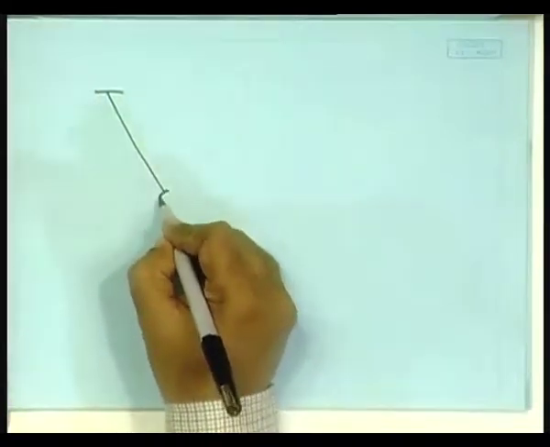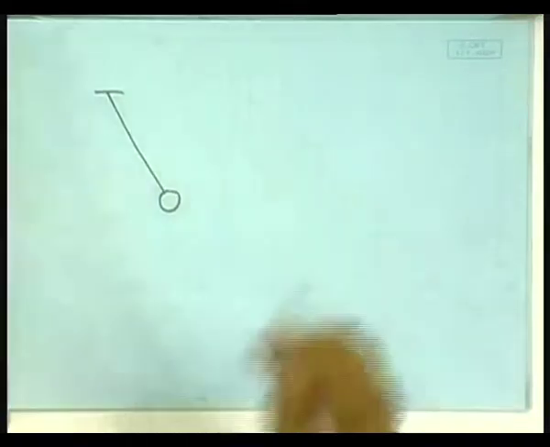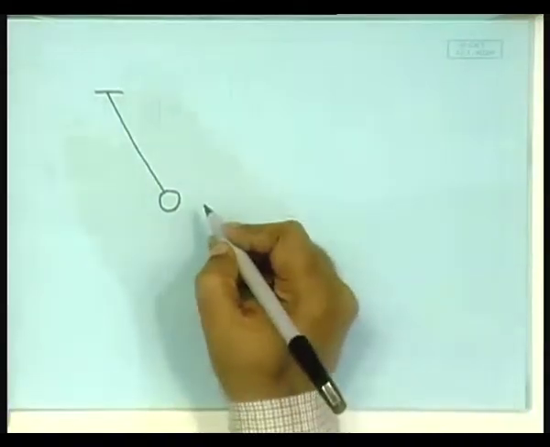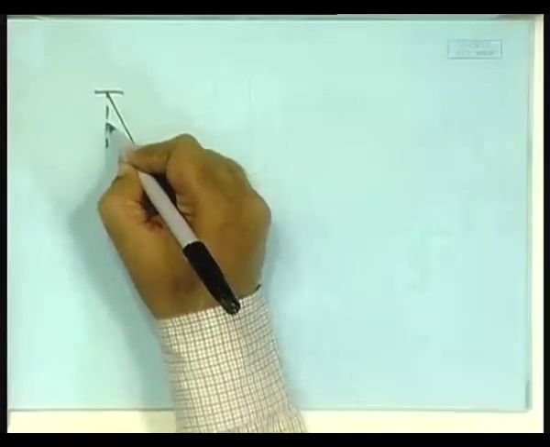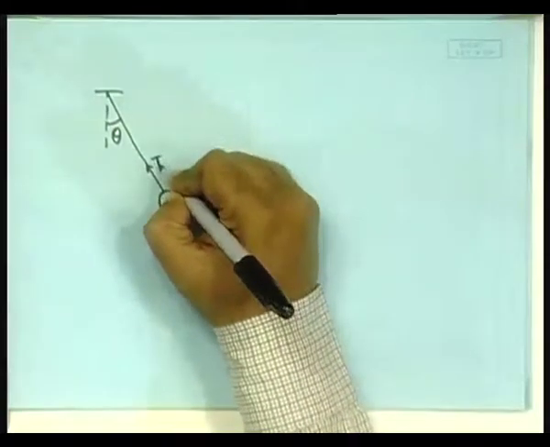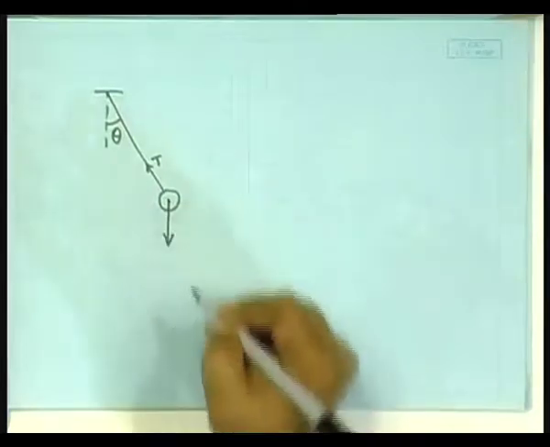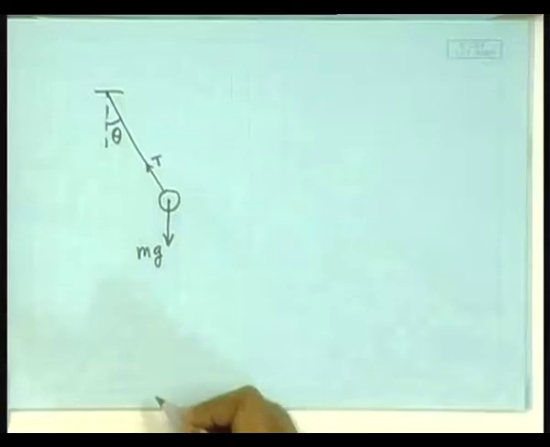Let me illustrate by doing it for the simple pendulum. If you write the equation for the simple pendulum by the Newtonian way, x, y, z, write the equation. You have the simple pendulum, here we will take the theta, here there will be a tension T working, here there will be mg working, fine.